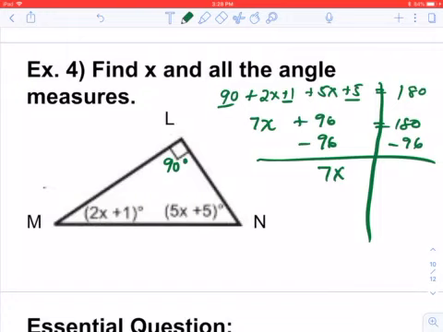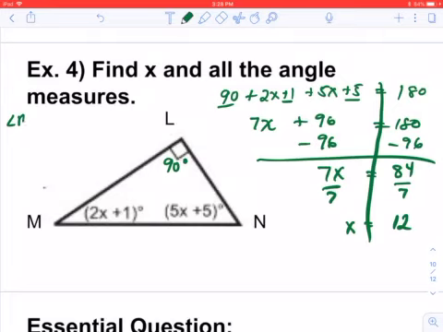You get 7x is equal to 84. Divide by 7, you get x is equal to 12. So now let's find out what the angles are. Okay, we already know angle L is 90.